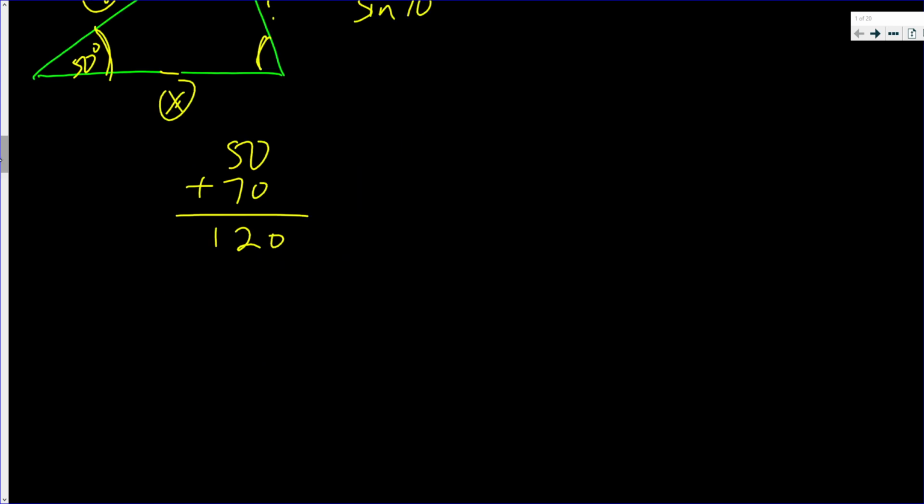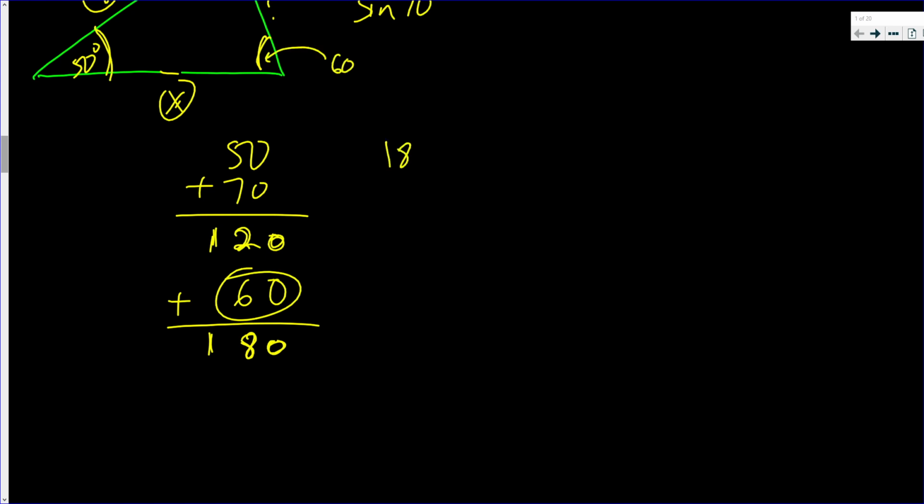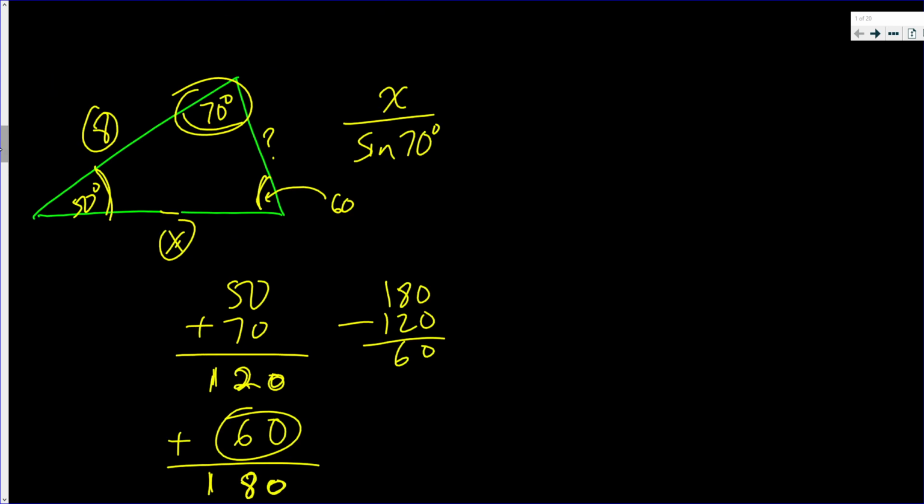But the three angles should add up to 180. Well, 0 plus 0 gives me 0. 2 plus 6 gives me 8. The 1 I already have. So that's what the third angle should be, 60. Of course, you could have done 180 minus 120 and also gotten 60. In this case, we had to do this.